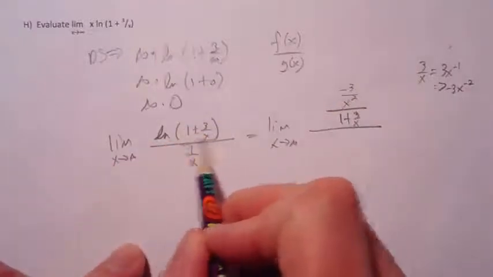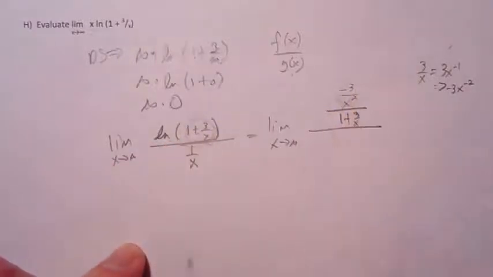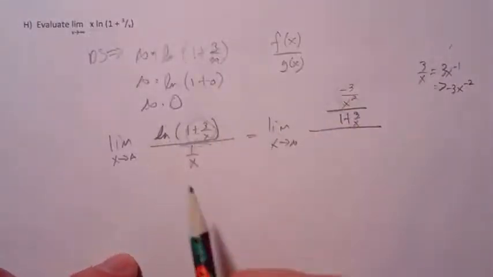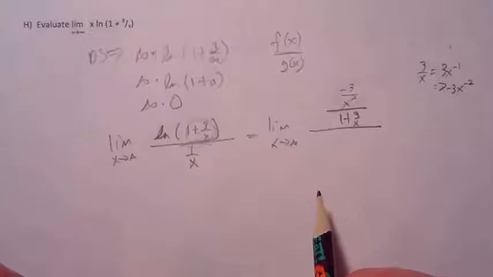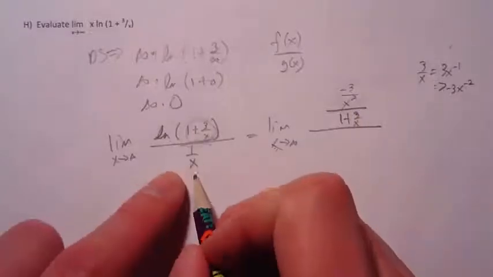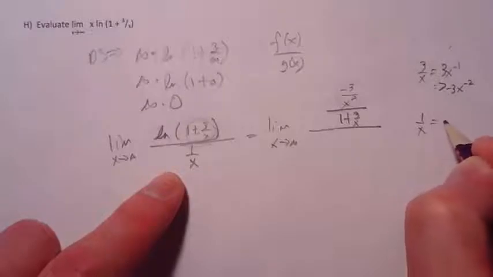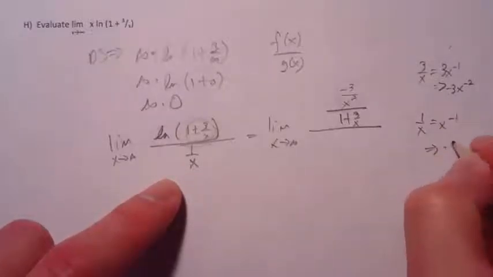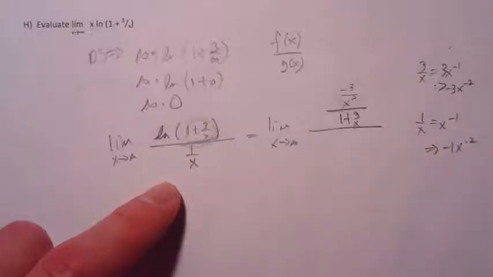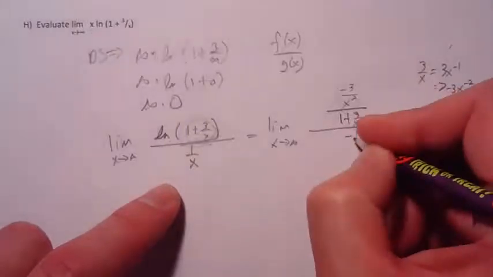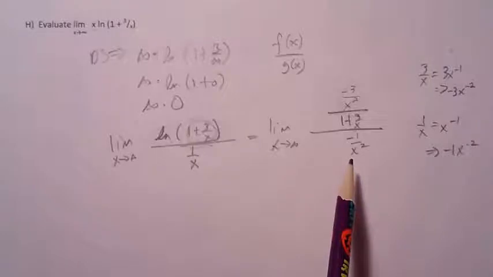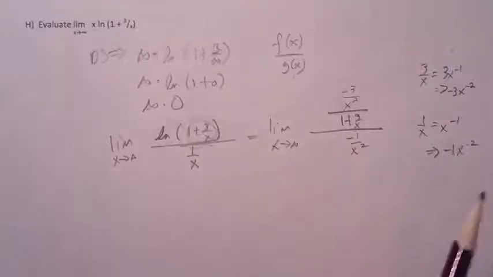Then putting it over its original self gives you the derivative of the natural log quantity. On the bottom, we just need the derivative of 1 over x, which is like x to the negative first. The derivative of that is negative 1 x to the negative second, so you'd get negative 1 over x squared. So this is the first iteration of L'Hopital's rule.